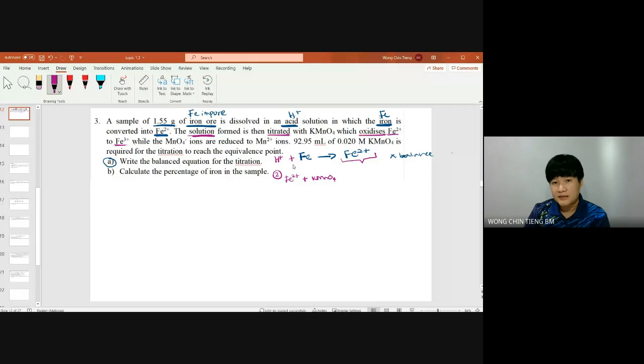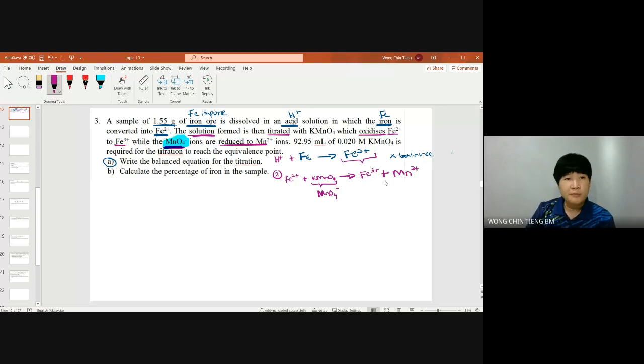And the MnO4 minus, okay, over here. MnO4 minus datang dari mana? MnO4 minus datang daripada KMnO4. Will then reduce to Mn2+. That is your second equation in that.